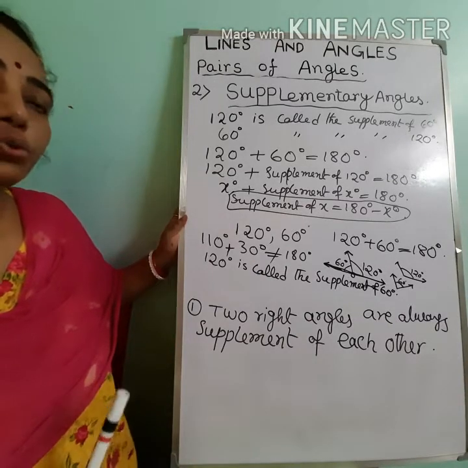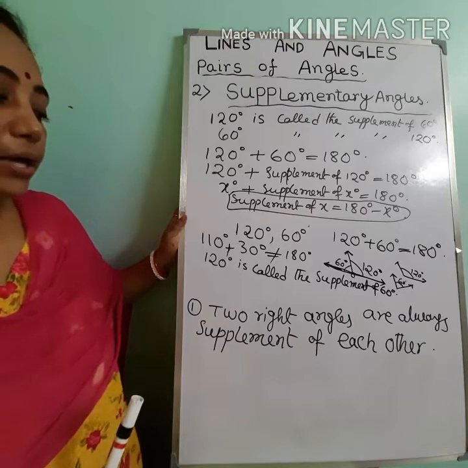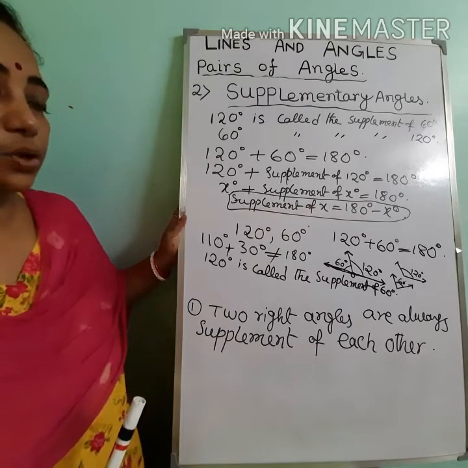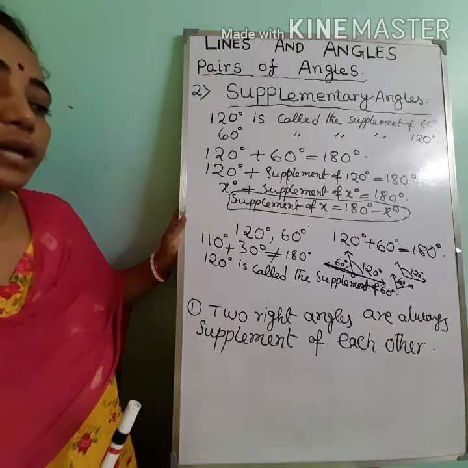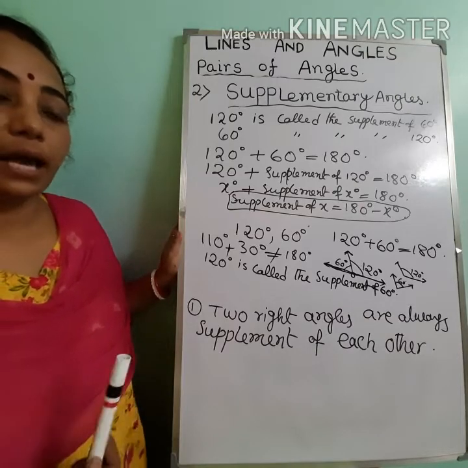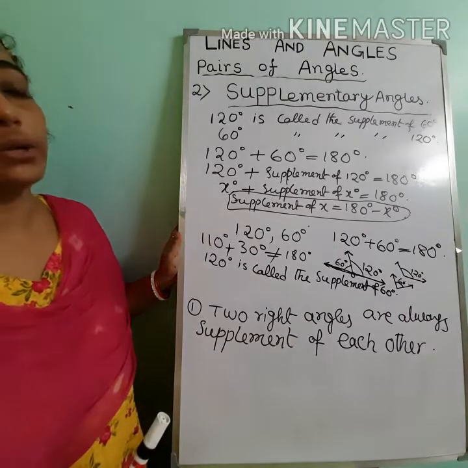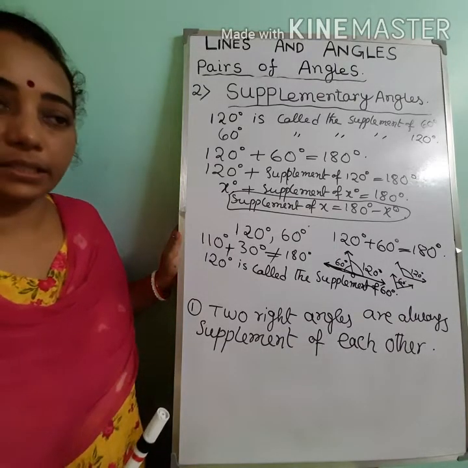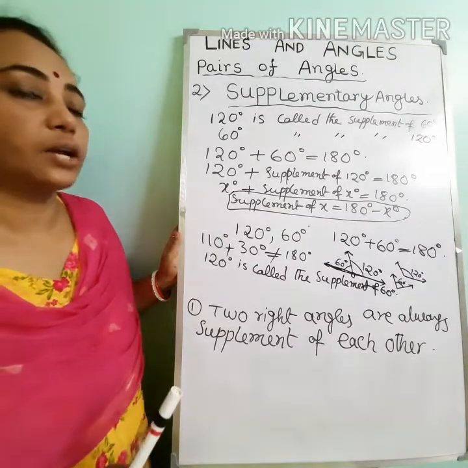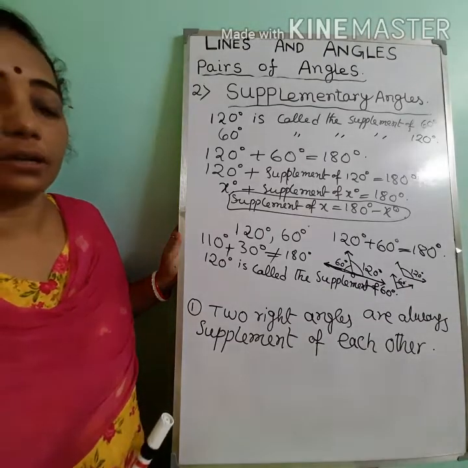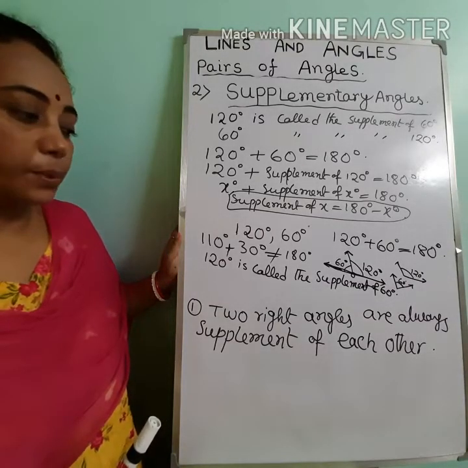If we consider two acute angles, then two acute angles cannot be supplement of each other, because the measure of an acute angle is always less than 90 degree. So the sum of two acute angles cannot be 180 degree. Also we consider the obtuse angle.